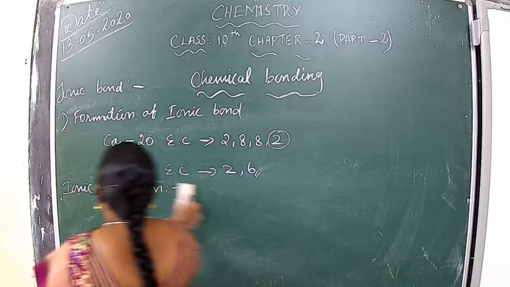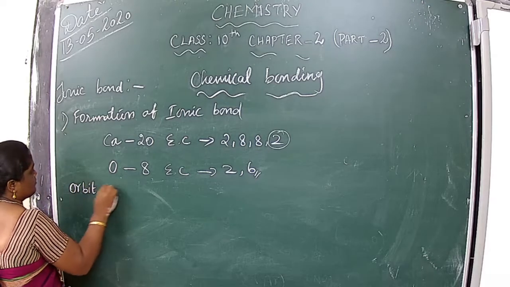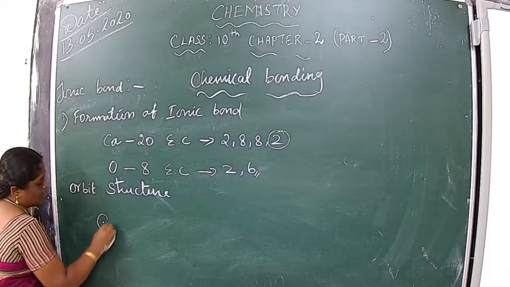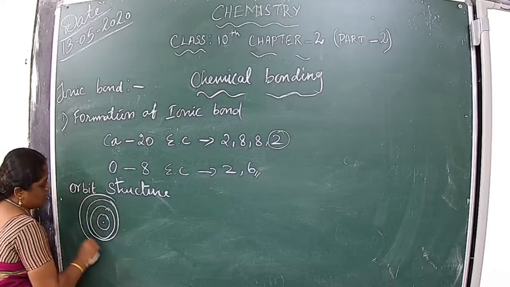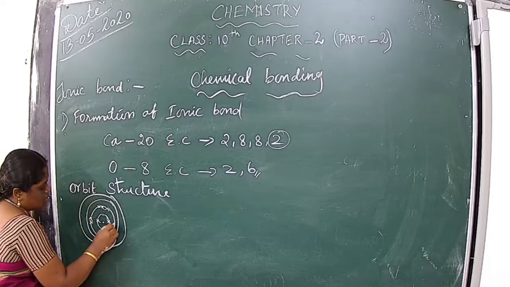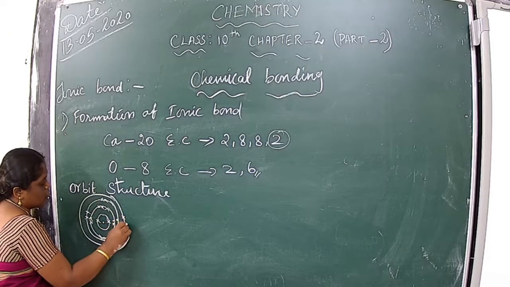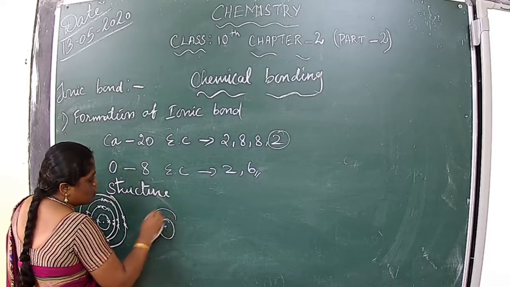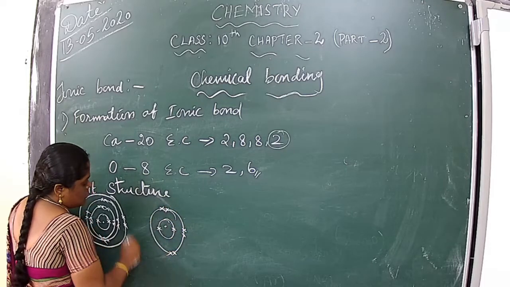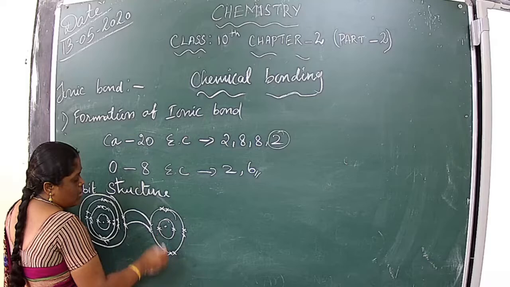The next one is the orbit structure. Calcium is 2, 8, 8, 2: 8 electrons in the third shell and 2 electrons in the fourth shell. Oxygen is 2, 6, with 6 electrons in the last shell. The 2 electrons from calcium transfer to the oxygen atom.